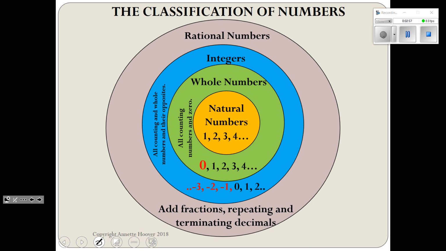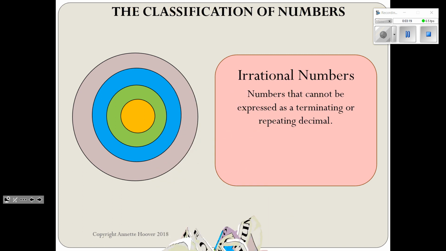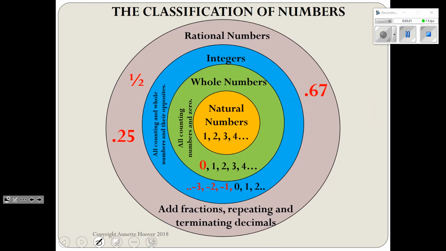Rational numbers include the integers and the whole numbers, but they also include the fractions and repeating and terminating decimals, such as the fraction 1/2. 25 hundredths is a terminating decimal. 67 hundredths is a terminating decimal. This would also include repeating decimals, such as 3/10 repeating, or 23/99 repeating.